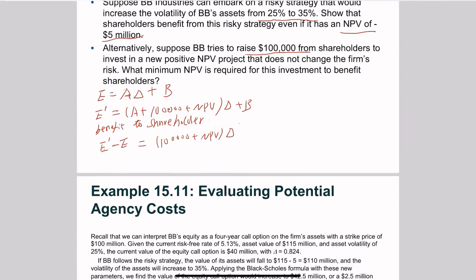So you can see that for the shareholders to be willing to invest in this project, this benefit has to be larger than the cost, right? So if you focus on this inequality here, we will be able to solve the minimum NPV, right? So essentially minimum NPV has to be larger than $100,000 divided by delta minus $100,000, right?